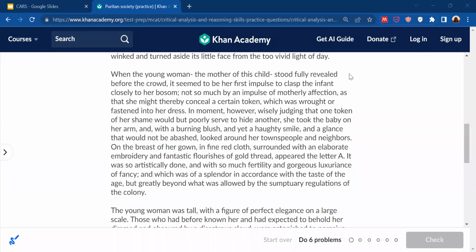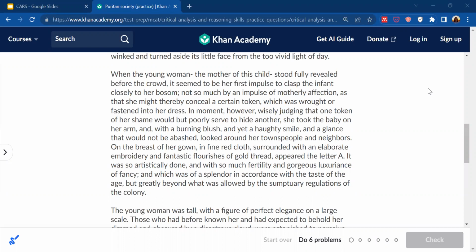Okay, so we've gone over the baby paragraph, and now we're going to talk about this paragraph right here. So when the young woman, the mother of this child, stood fully revealed before the crowd, it seemed to be her first impulse to clasp the infant closely to her bosom, not so much by an impulse of motherly affection as that she might thereby conceal a certain token which was wrought or fastened onto her dress.